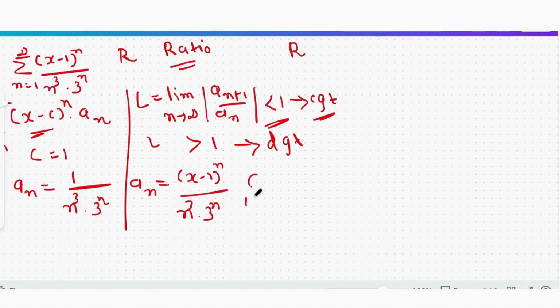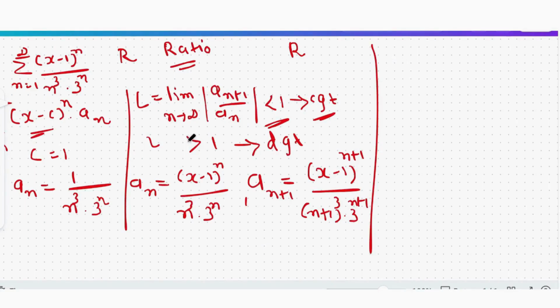And what is a_(n+1)? a_(n+1) is the (n plus 1)th term. How to get it? In the a_n term, n is replaced by n plus 1. So a_(n+1) is (x minus 1) raised to n plus 1 upon (n plus 1) raised to 3 into 3 raised to n plus 1.